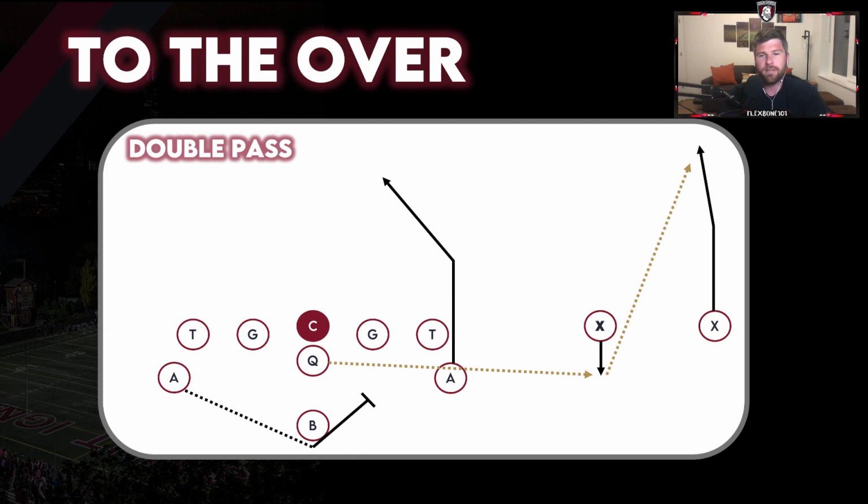Obviously, this is something you can get set up. Maybe if you run a backwards pass or two or you're running it after you've run a few other pass plays and you notice maybe they're not guarding that inside receiver as much, this is a great way that you can steal a few yards, maybe get a big play on a little bit of trickeration.